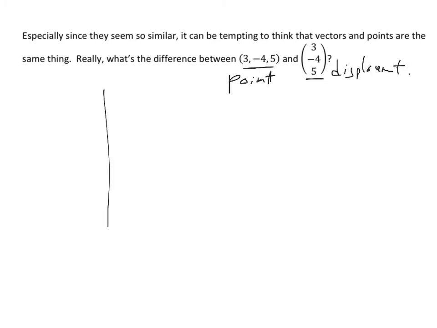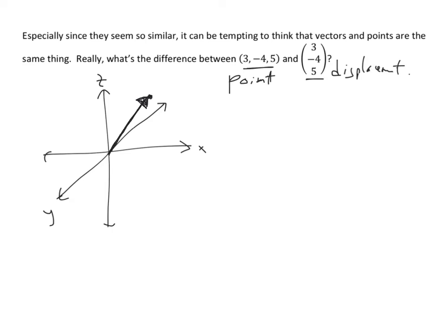I know it's hard to draw these things in three-dimensional space, but if you imagine that we had an x-axis and a y-axis and a z-axis, the point 3, 4, 5 would be like this point in space, right? Whereas the vector 3, negative 4, 5 is a representation of movement in that direction for that distance.